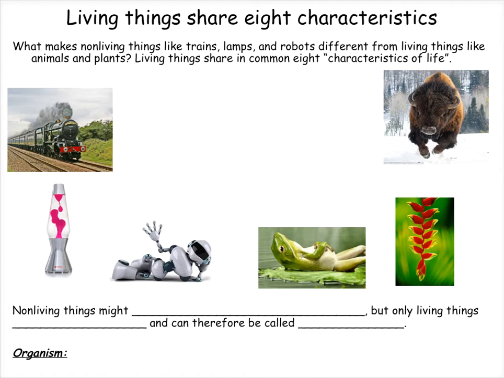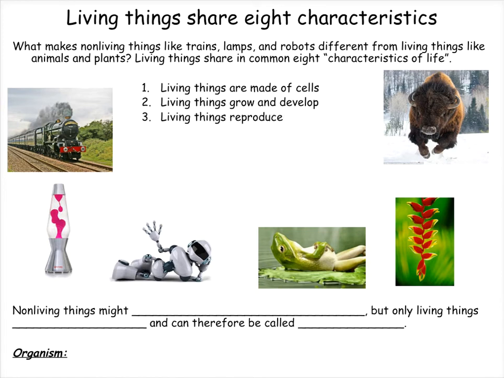Only living things can claim all 8 of the following characteristics. 1. Living things are made of cells. 2. Living things grow and develop. 3. Living things reproduce. 4.